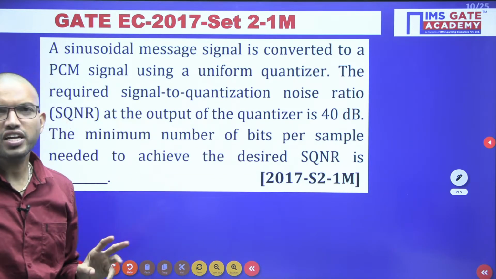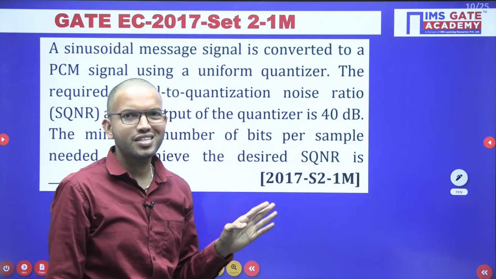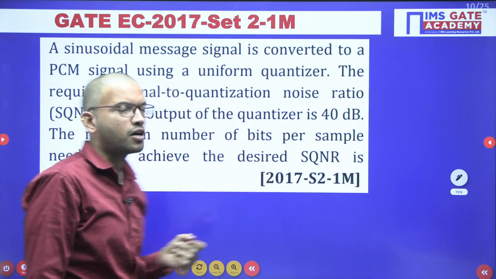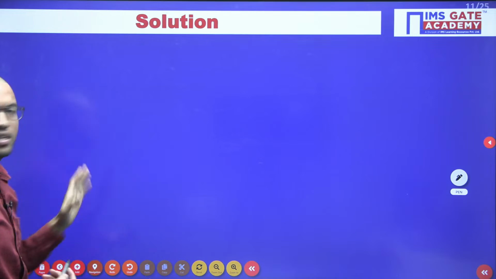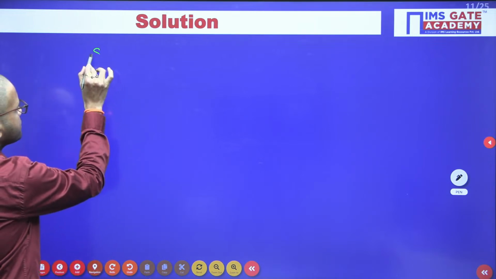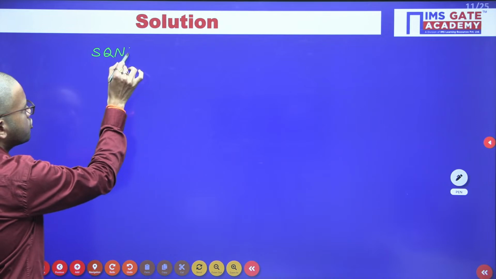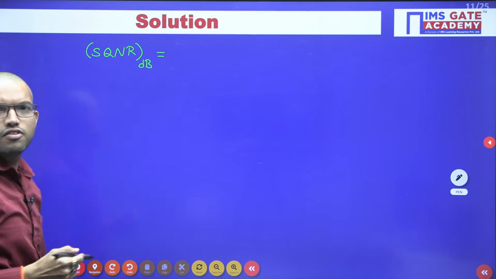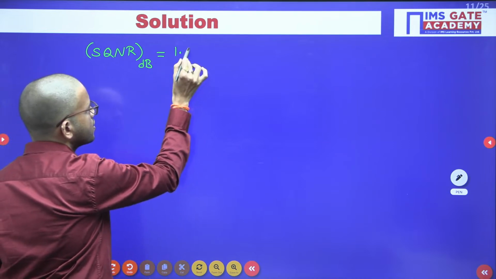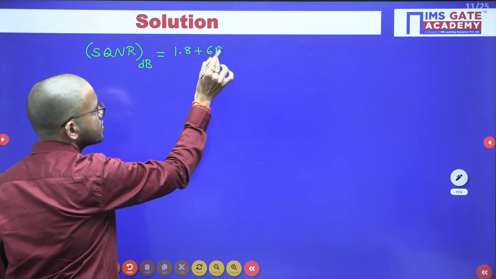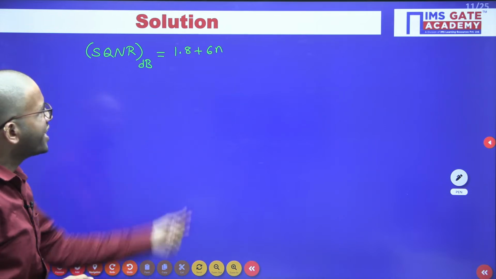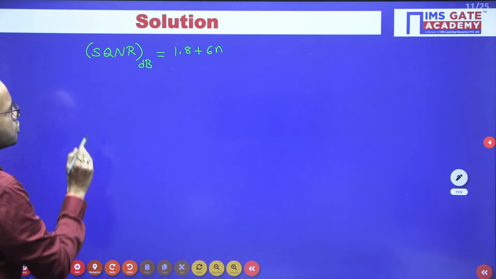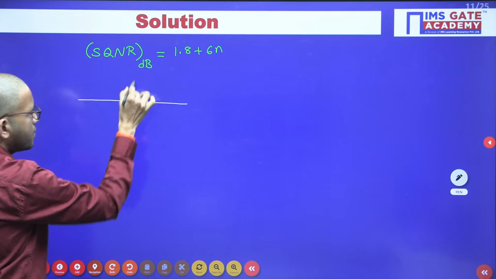Whenever you have signal to quantization noise ratio in decibels, I hope all of you remember the standard formula, right? First of all, I am writing the SQNR in dB. Signal to quantization noise ratio in decibels is nothing but 1.8 plus 6n, where n is the number of bits required for each sample. Say for example, I am making a tabular form.